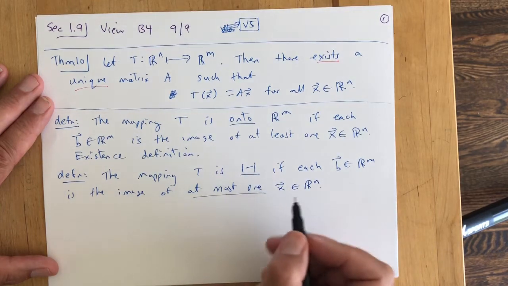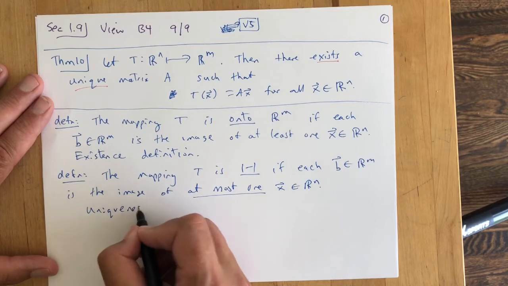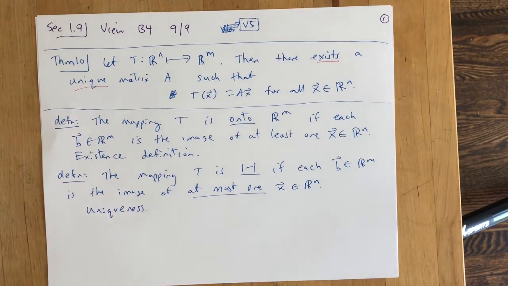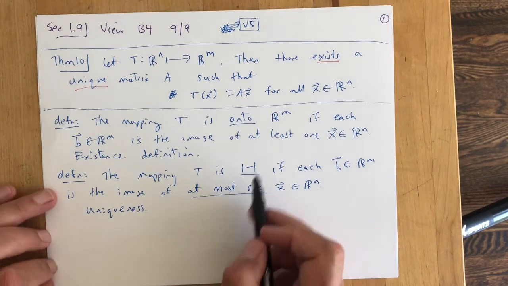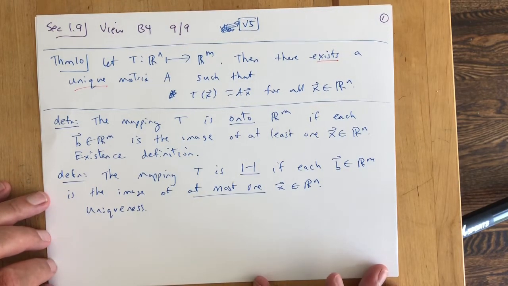At most one. So this is a uniqueness definition. And the best mappings, the best linear transformations, are ones that are one-to-one and onto. Okay.